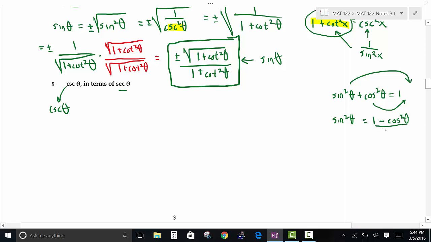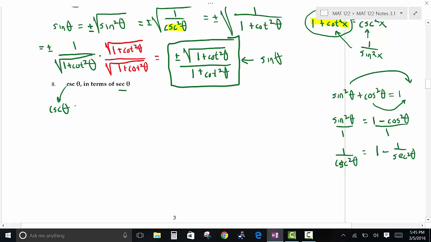Now, if I put both of these things over 1, you could change this to 1 over cosecant squared theta, and then this would end up being 1 minus 1 over secant squared theta. So there seems to be a connection between these two things using that identity. You can change the cosecant into a sine, then the sine into a cosine, which ultimately goes to a secant. So that's my thought process.